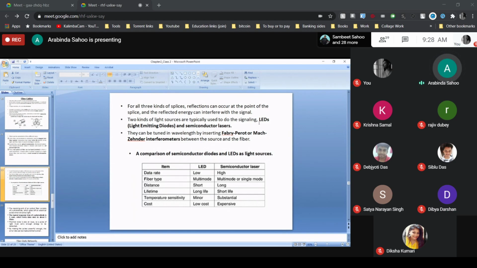So simply remember, two light sources are very important. Number one is the light emitting diode, and number two is the semiconductor laser.